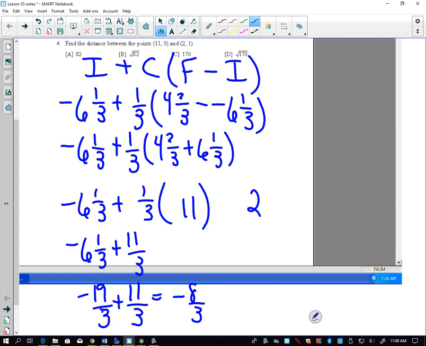All right, so negative 2 2/3. Was that the same answer that we got whenever we drew it out, broke everything into thirds, found our distances in thirds, divided it by that, and then counted over? Yeah, we got the same thing.